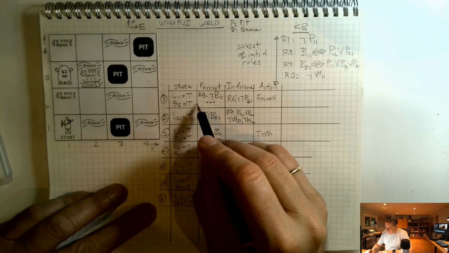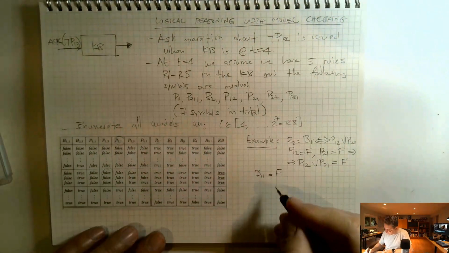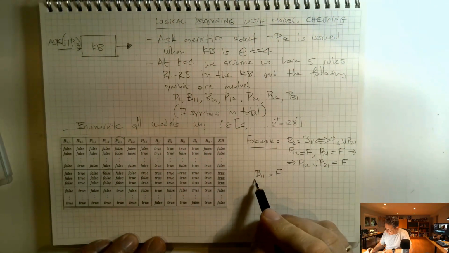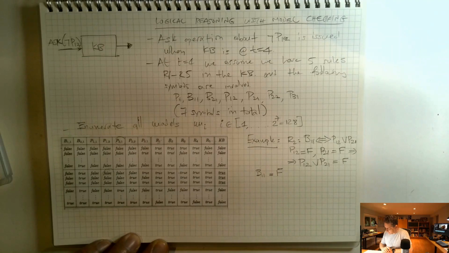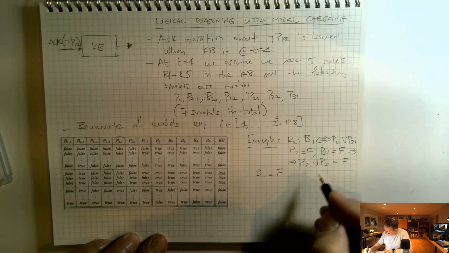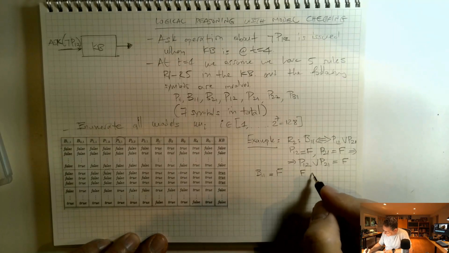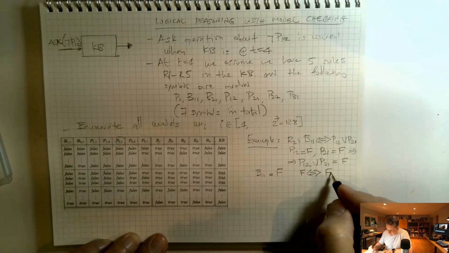There's no breeze in 1-1, so this was the percept received at that moment. So we have the following sentence: false if and only if false.